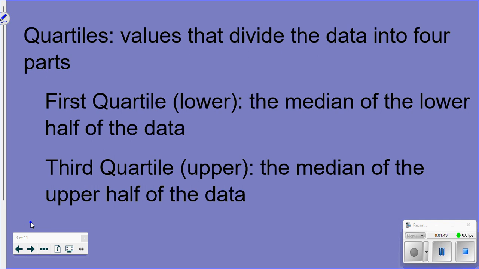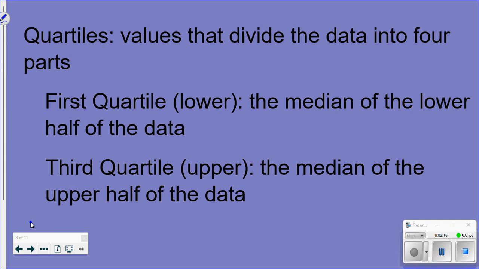Quartiles is the next vocabulary word, and we're going to be dealing a lot with quartiles today. Quartiles take your set of data and divide it into four sections. The first quartile is also known as the lower quartile, but I've noticed that this book always uses the term first quartile. This is the median of the lower half of the data.